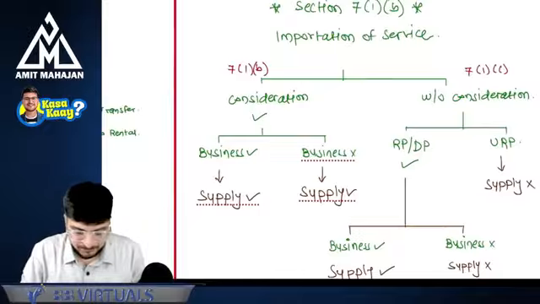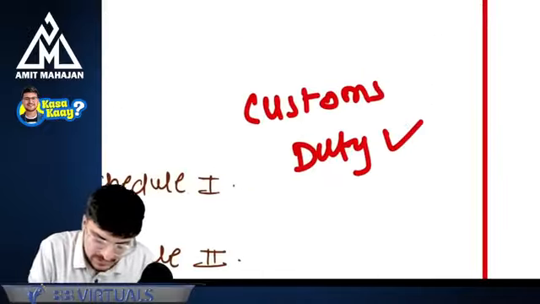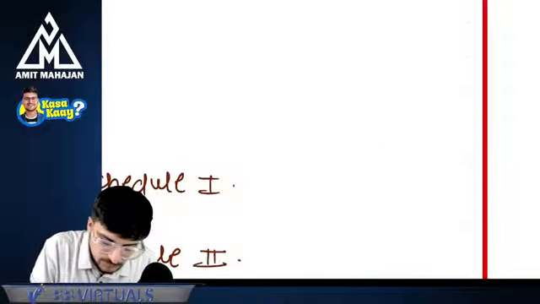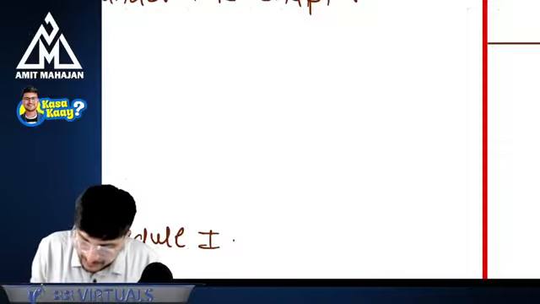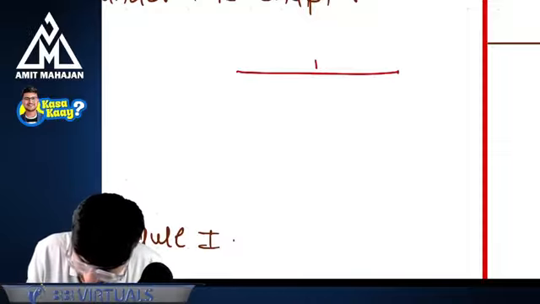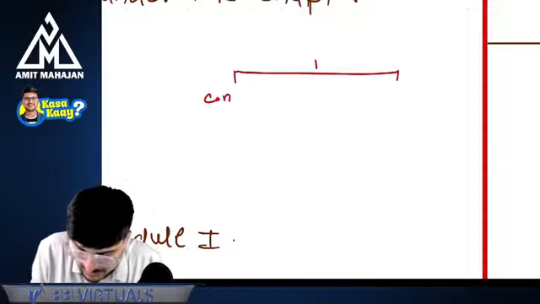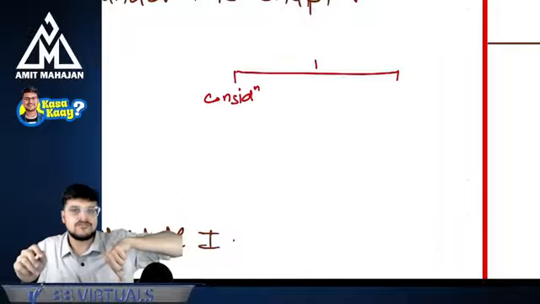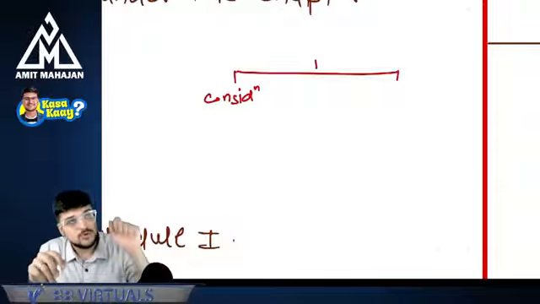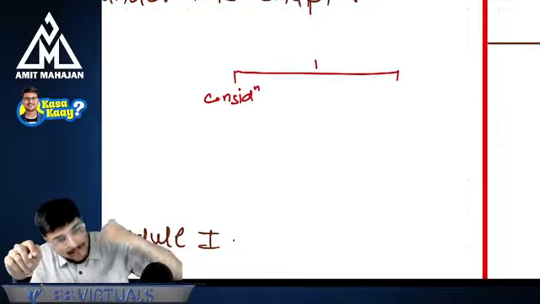Now let's see importation of service. This is very simple. I will draw it here so that you'll understand this in a better way. I'm importing certain service for a consideration, that person charged consideration from me. So the supplier is outside India and I am importing.